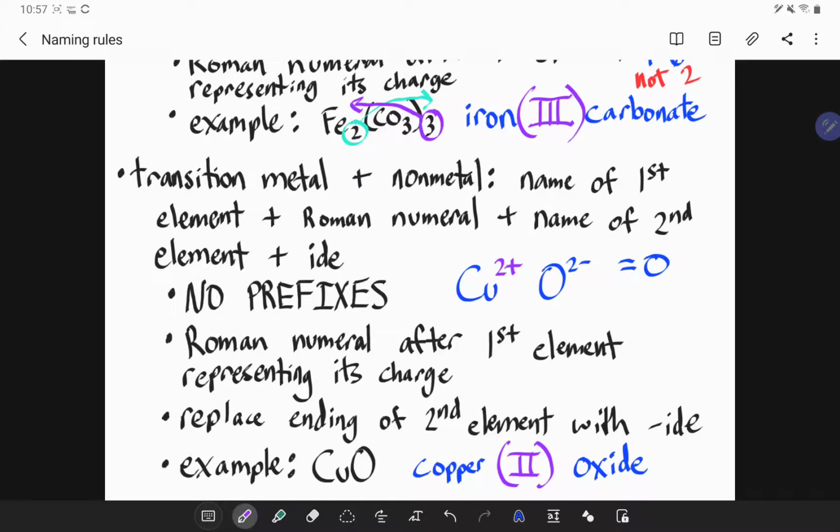So copper has a +2 charge because it is bonded to oxygen, which we know has a -2 charge. And we only needed 1 copper to balance that out because there's no number written here. So that tells us there's only 1 copper and 1 oxygen. So copper(II) oxide is our answer to this.